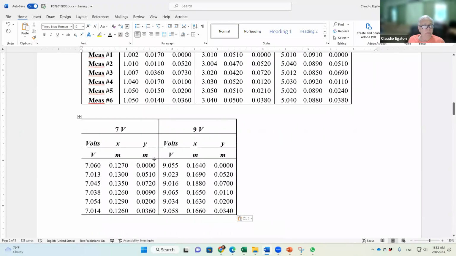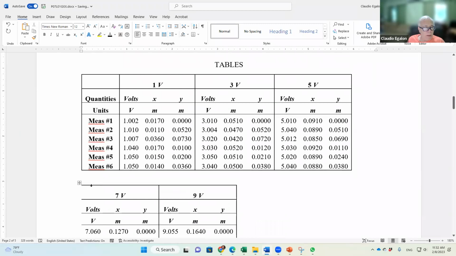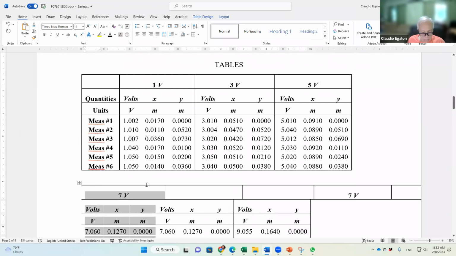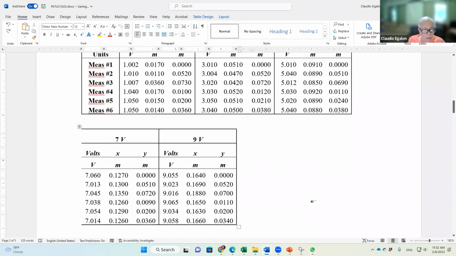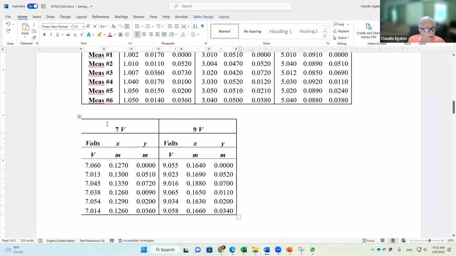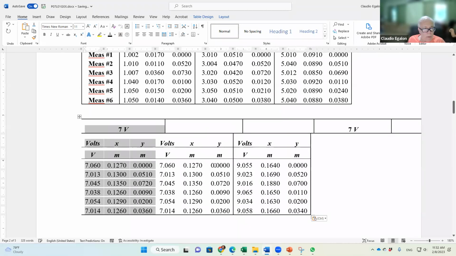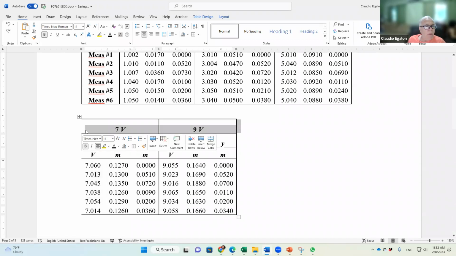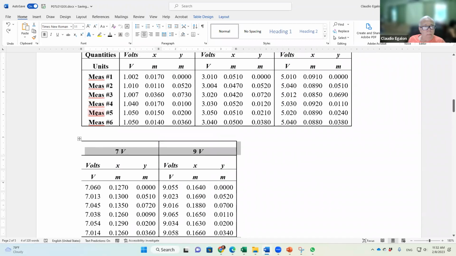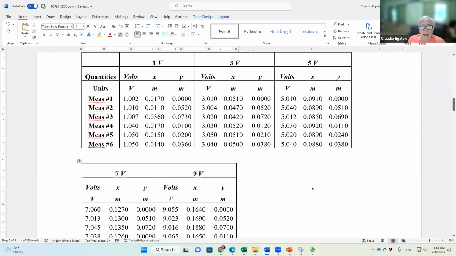Another way would be just to format this page in the horizontal direction. That would be another way. Okay, no, I don't like that. You can do another thing too.